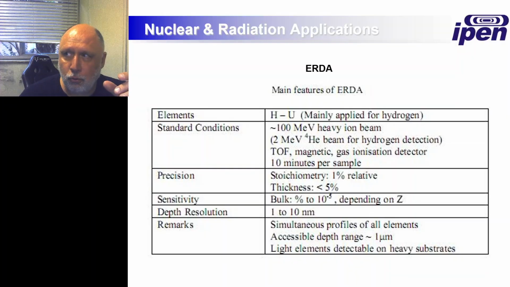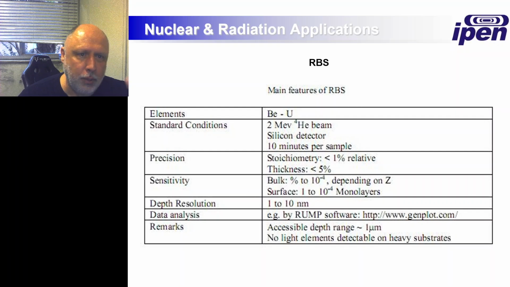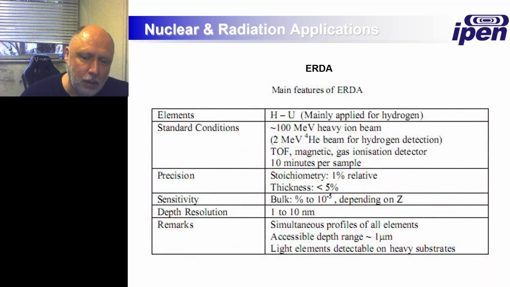They have systems that can do even 3 of these techniques at the same time, and then do a regression and combine the strengths of all 3 techniques, ERDA, RBS, and PIXE, and have a very complete picture of your sample, right?